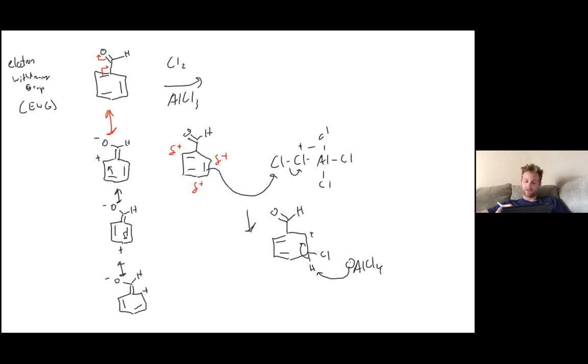We can pull off this proton, and we're going to generate a meta product. So this benzaldehyde here is going to be what's referred to as a meta director.